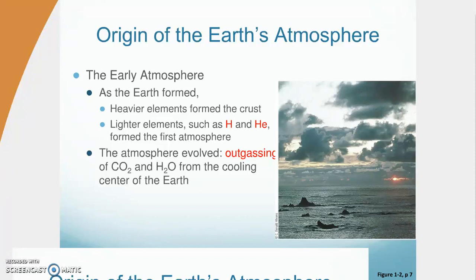Many of these chemicals that were released include carbon dioxide and water and many other chemicals as well, but those were two of the primary ones. So as the Earth cooled, more of these gases were released, and pretty soon the hydrogen and helium atmosphere started to be replaced by a carbon dioxide and water atmosphere.